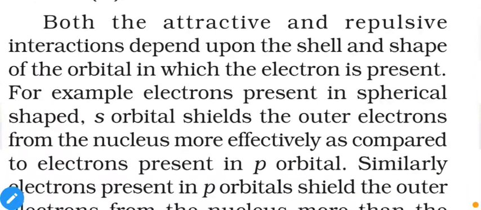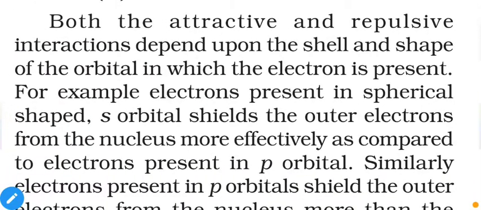Both the attractive and repulsive interactions depend upon the shell and shape of the orbital in which the electron is present. For example, an electron present in a spherical shape, that means s orbitals, shields the outer electron from the nucleus more effectively as compared to an electron present in a p orbital. Spherical shape gives equal attraction from all sides.